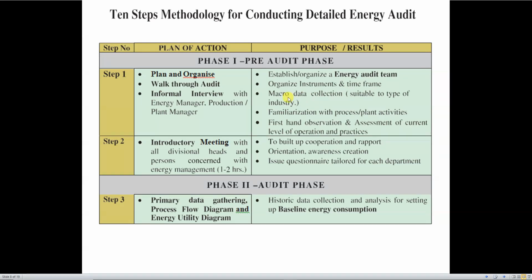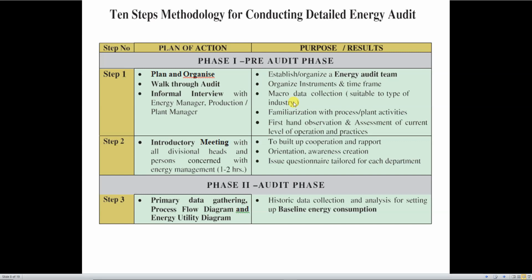Now this macro data includes the energy bills or the energy consumption also, and the energy demand for a particular industry depending on the type of industry. So whatever data is required, we can gather it. We can also gather the number of purchased equipments in the last 5 years, 2 years, 3 years. We can also find out the data of outdated equipments which are not currently working in a good manner.